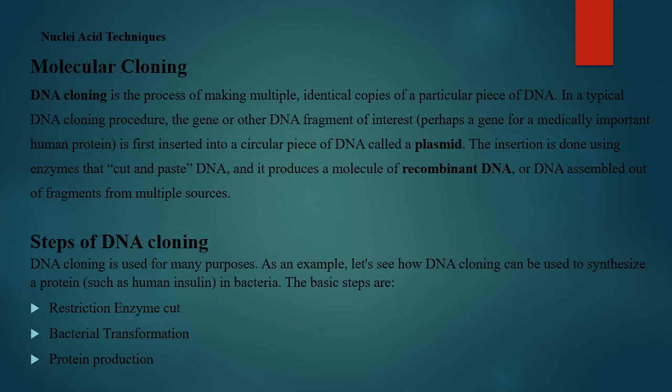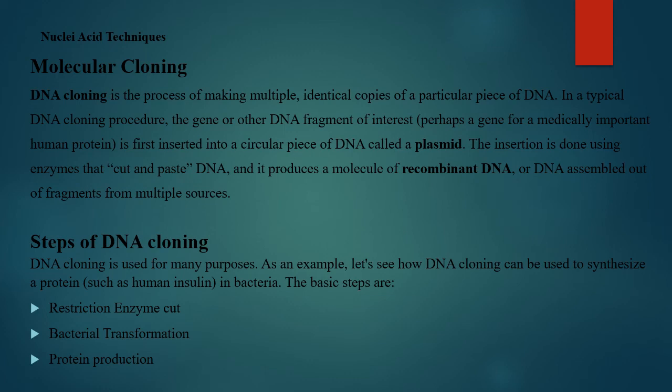Now, in a typical DNA cloning procedure, the gene or other DNA fragment of interest, which is perhaps a gene for a medically important human protein, is first inserted into a circular piece of DNA called a plasmid. The plasmid is a circular DNA found in some bacteria.